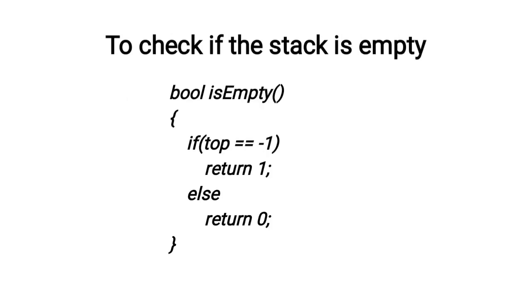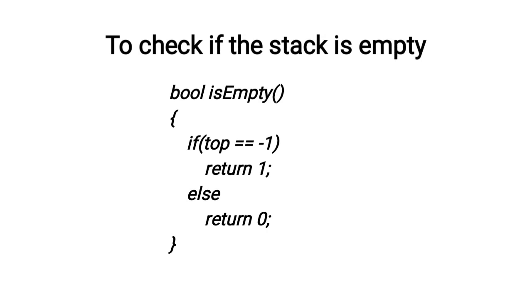Then let me explain how to check if the stack is empty. I've just used that function that is called is empty, that will retain a bool value, a value that is of bool data type, that is either true or false, that is 1 or 0. Then inside the block, I've just checked if the stack is empty. How do I check? I'm just comparing the value of top to -1.